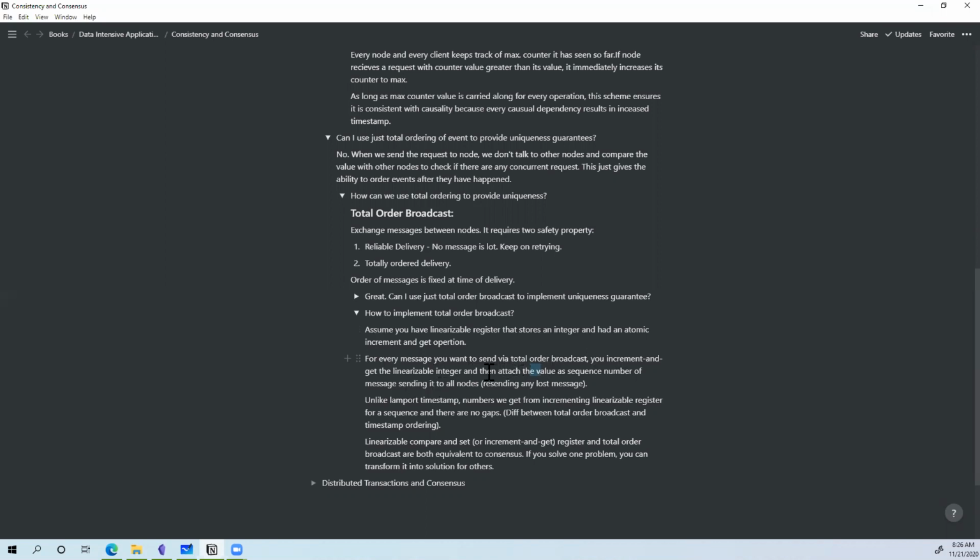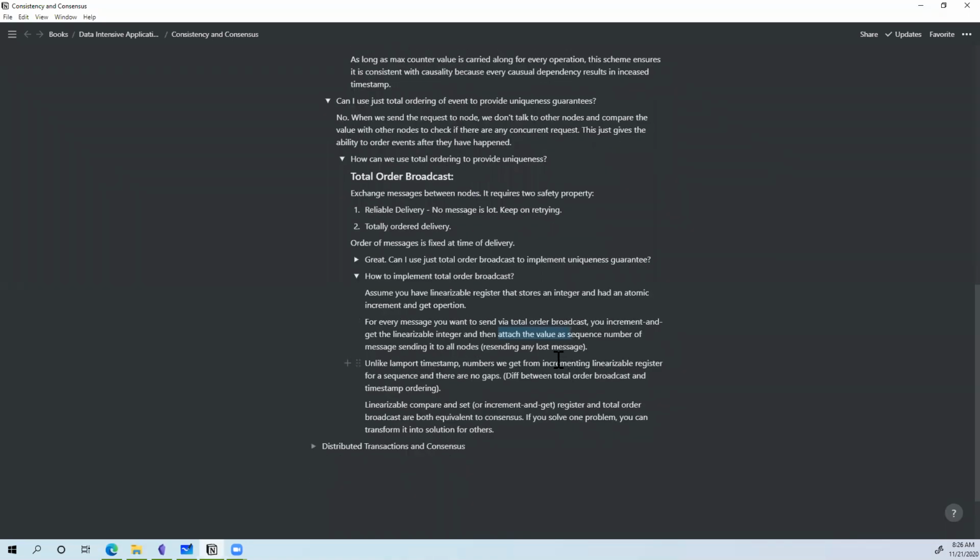So every message has that increasing sequence number, and now you are sending the messages with the sequence number attached.